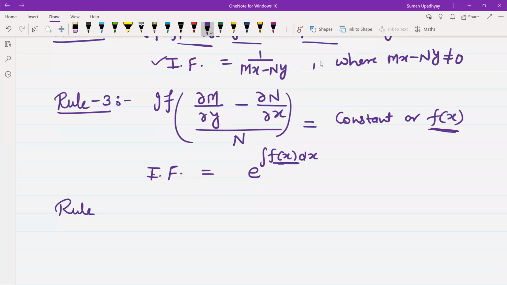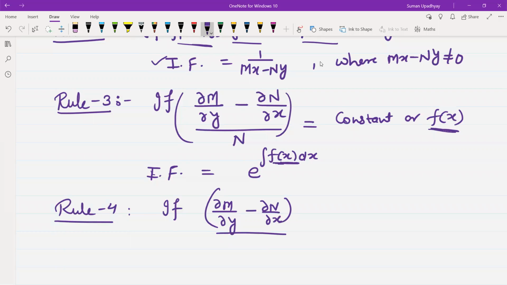Now rule number 4. Suppose you calculate (del M by del y minus del N by del x) divided by minus M, and you're not getting a function of x only; there is some y also available.